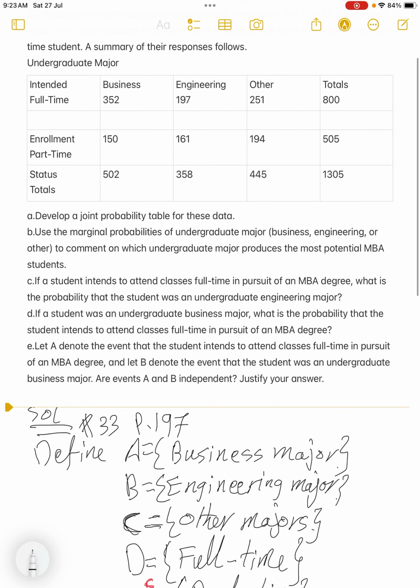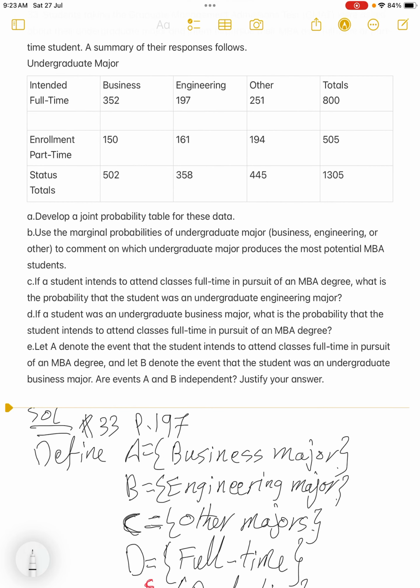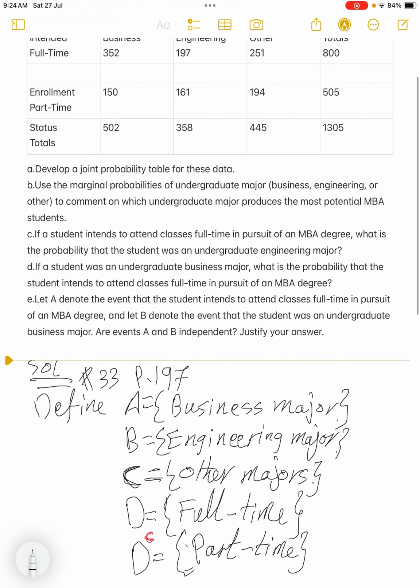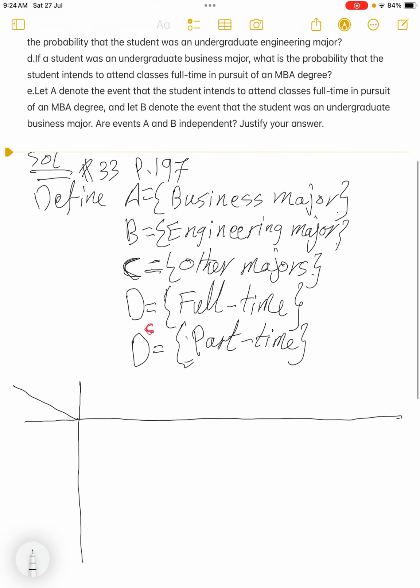Undergraduate major and enrollment time.